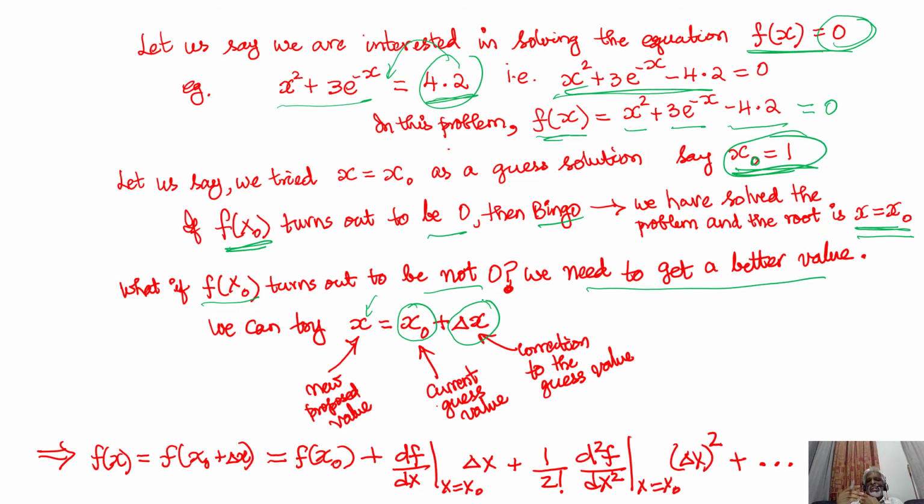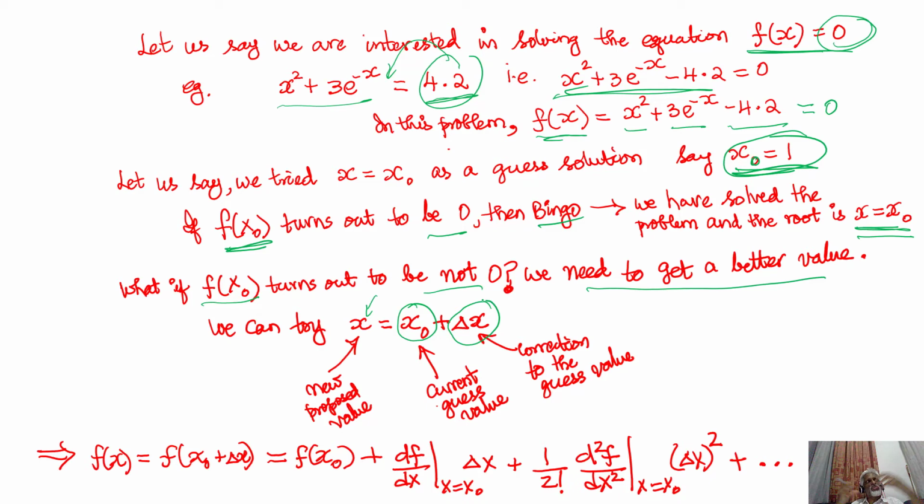Then I'm going to take the new value of x and try out the same thing. I'm going to see whether at this new value of x the function becomes 0. If it becomes 0, happy. If it doesn't become 0, I again correct my guess.